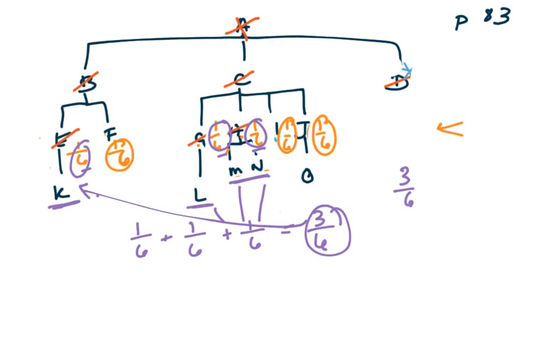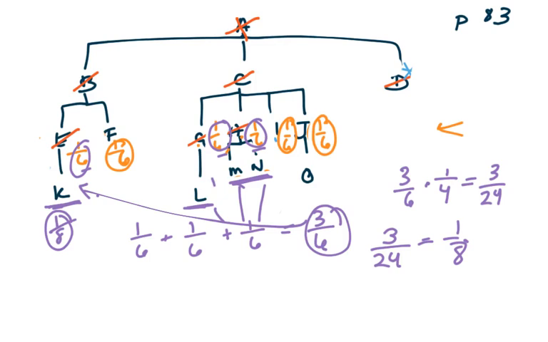And remember, this doctrine cares about equality amongst the generation. We said these are all at the same generation here. So we need to divide 3/6 by 4. So we can multiply that by 1/4. Gives us 3/24, which is also equal to 1/8. So K gets 1/8, L gets 1/8, M gets 1/8, and N gets 1/8.